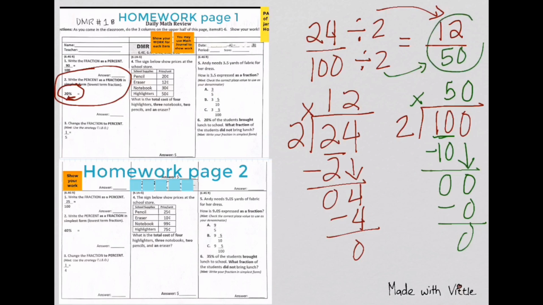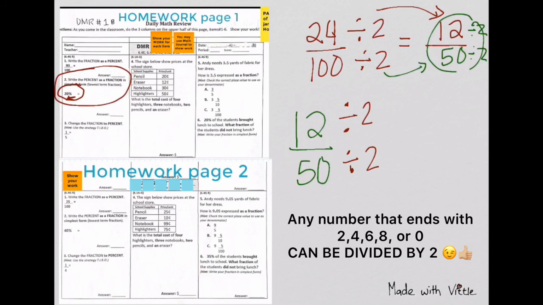So this is a simpler form of 24 over 100. But don't you think that 12 and 50 can still be divided by 2? So we can still simplify this further. So 12 divided by 2 will give you half of 12, which is 6.